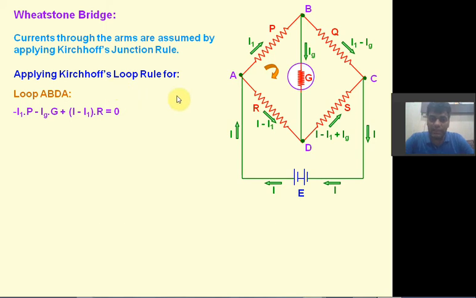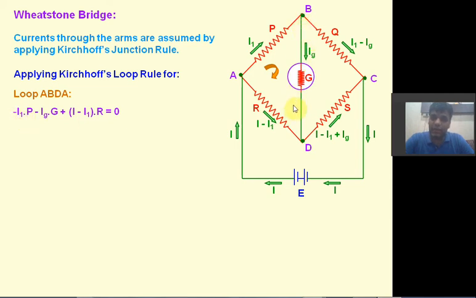According to Kirchhoff's law we move along this side, and here we have I1 and resistance P. So the potential drop is I1 into P, which takes a negative sign.